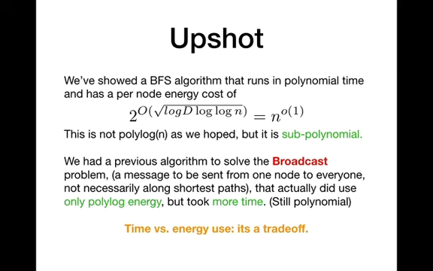What's the upshot? We've shown a breadth first search algorithm that runs in polynomial time and has a per node energy cost of 2 to the O of square root log D log n, which is not polylog n like we had hoped, but it is n to the little o of 1, so it is subpolynomial. And so you could consider that low energy.